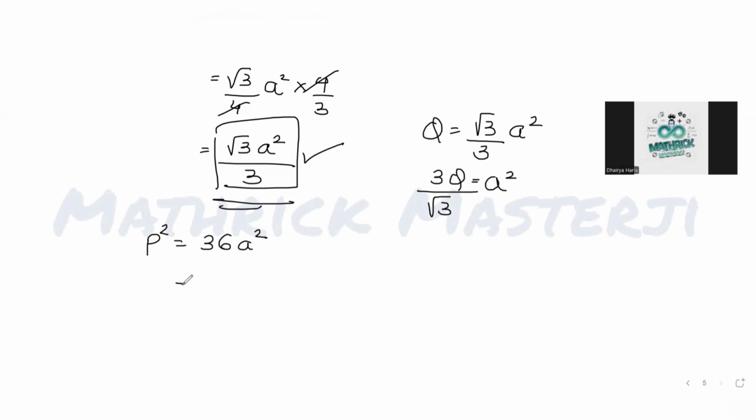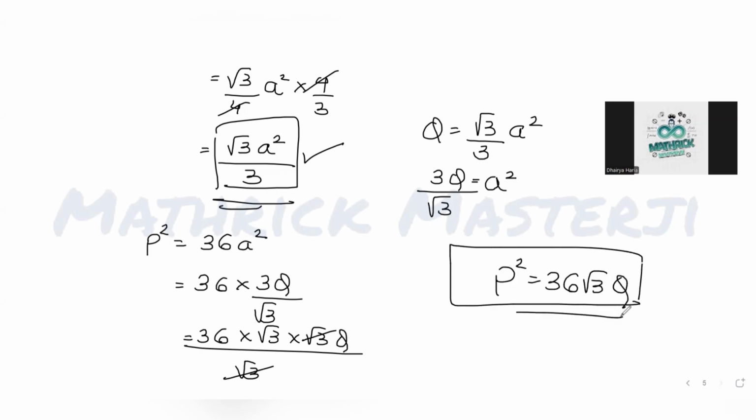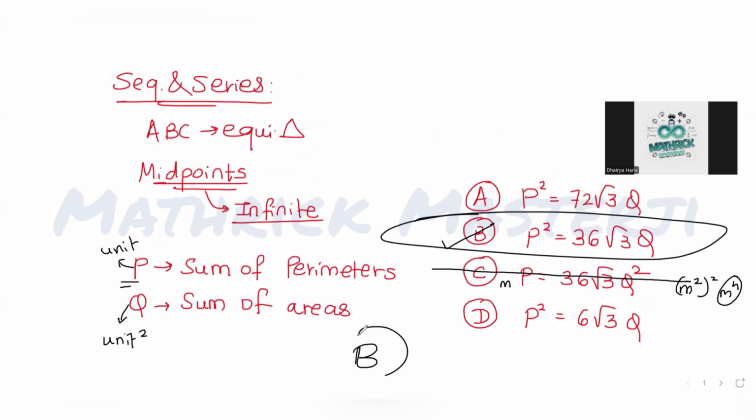So instead of a square, I'll just put 3Q over root 3. So 3, I can split as root 3 times root 3, Q over root 3. This and this cancel, and I get P square is 36 root 3 Q. That basically matches with answer choice B. So B becomes the correct answer for this question.